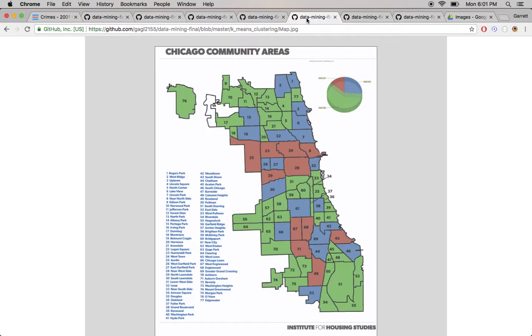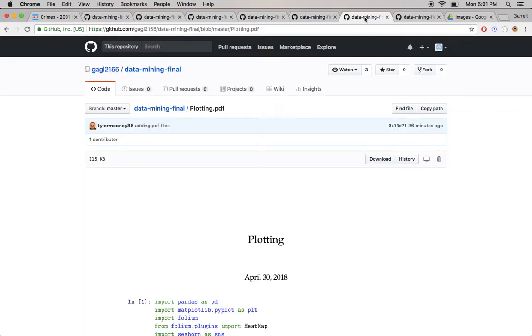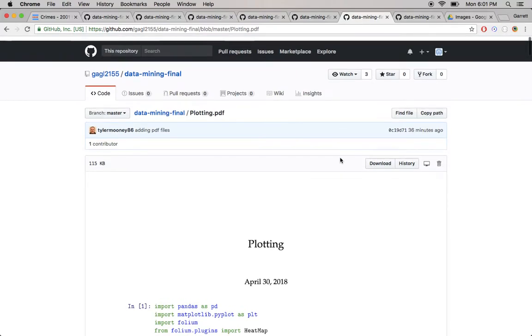The red is the high crime, the blue is the moderate crime, and the green is the low crime. And through this map, we were able to understand that there are two key points in Chicago at which most crime takes place.